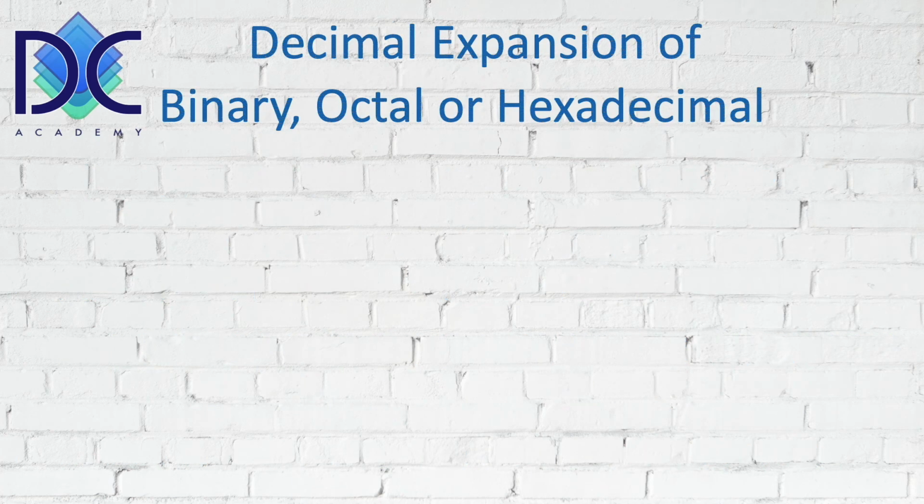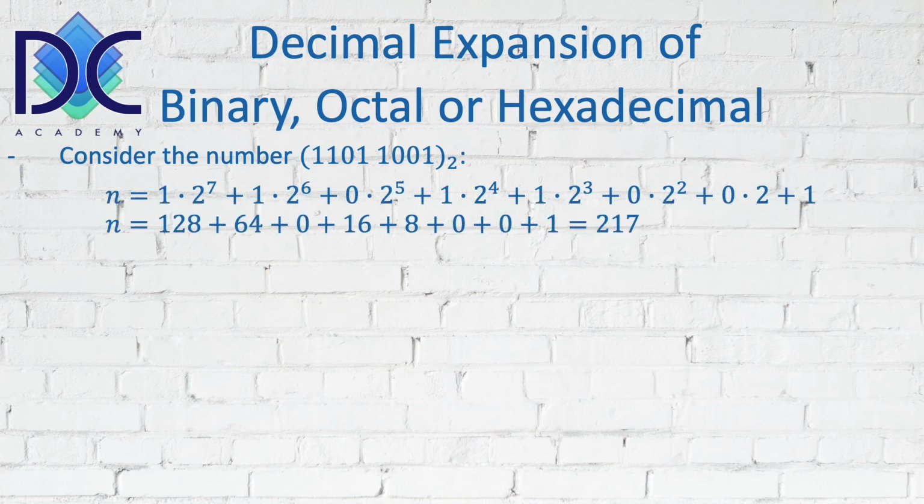Let's have a look at some examples. First, we have the binary expansion 1101 1001. Index 2 means that we have a binary expansion, and we want to find the decimal expansion. So we go back to the formula.